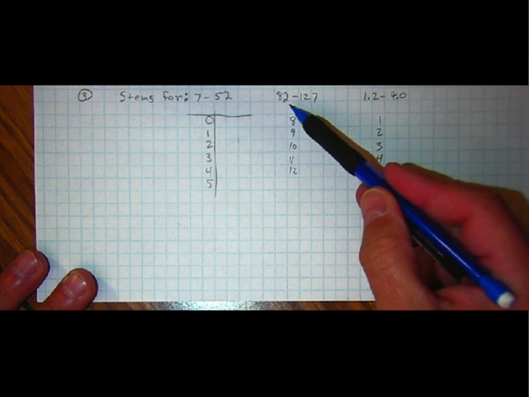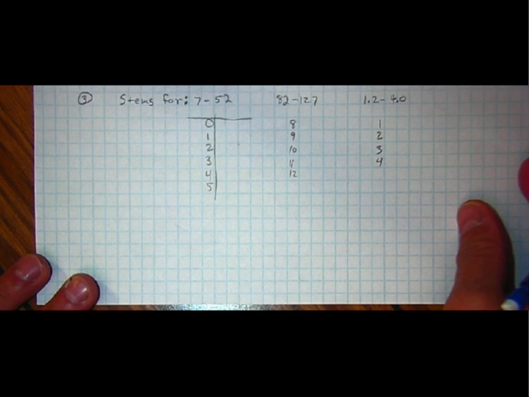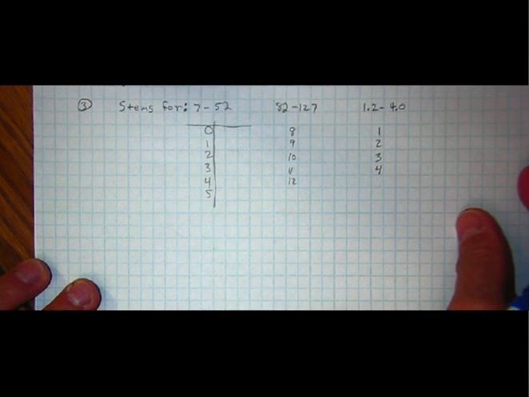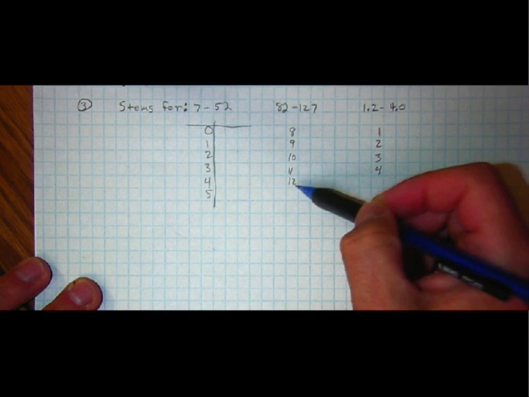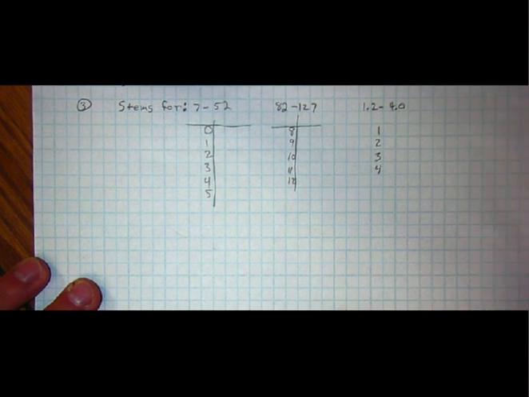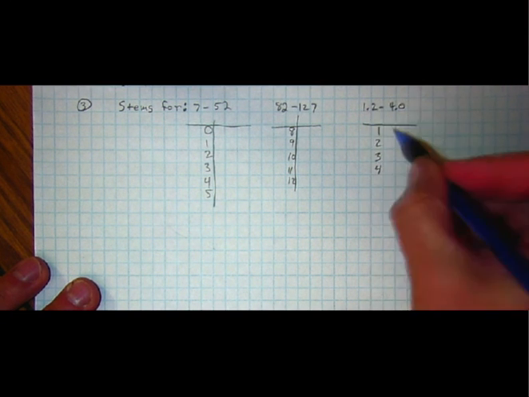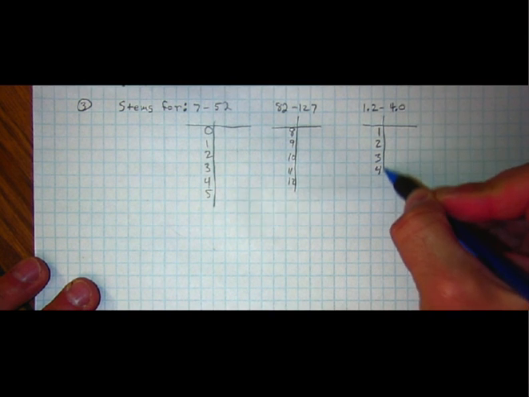In this case, we have 2-digit and 3-digit numbers, so I would start with 8, which would be my smallest 2-digit number, and then I would have to go up to 12 for my stems. And then the last one, if I went from 1.2 to 4.0, again, I would start with my smallest, which would just be a 1, and then I would go up to a 4.